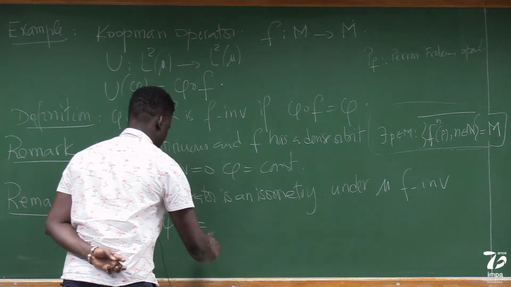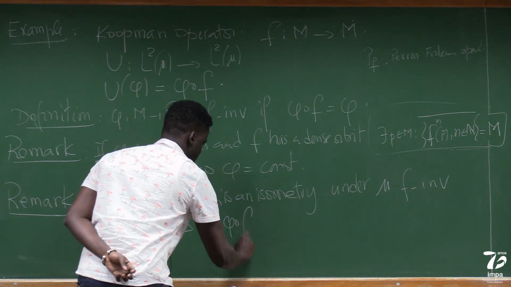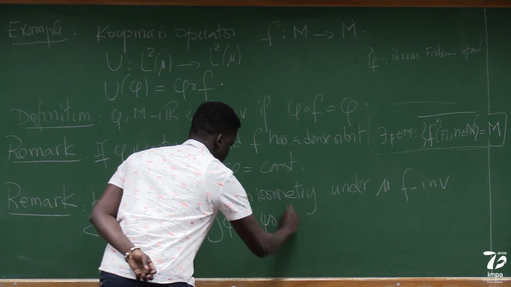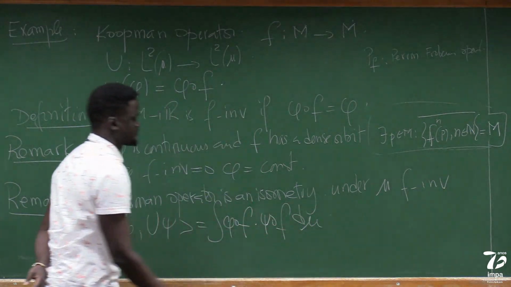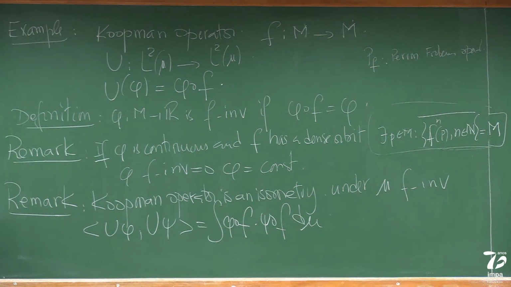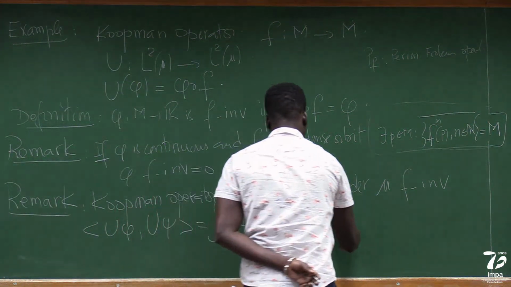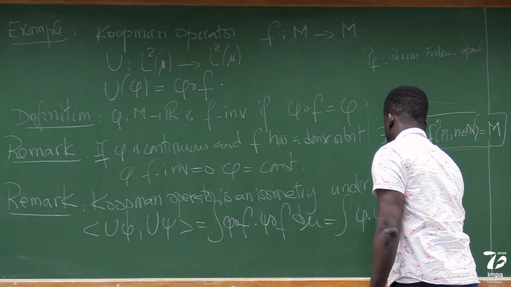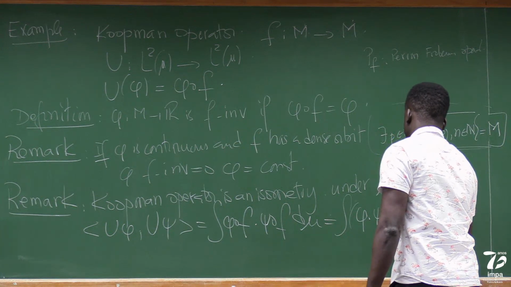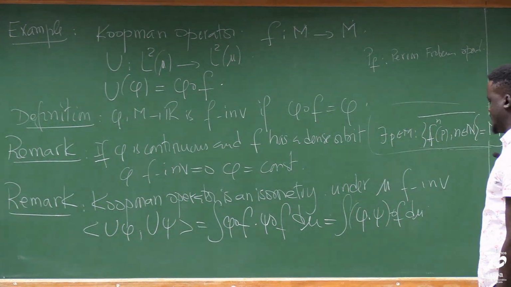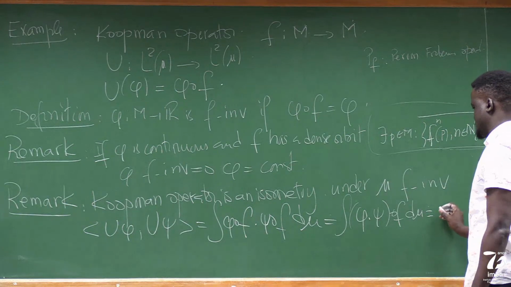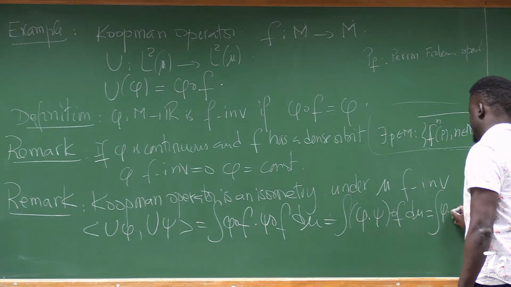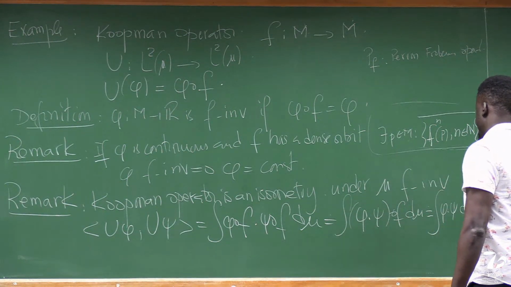This is the integral of phi composed with f times psi composed with f d mu. So you can write it as the integral of phi psi composed with f d mu. And we have seen that this is the integral of phi times psi d f star mu.